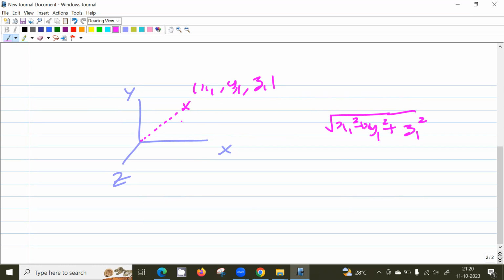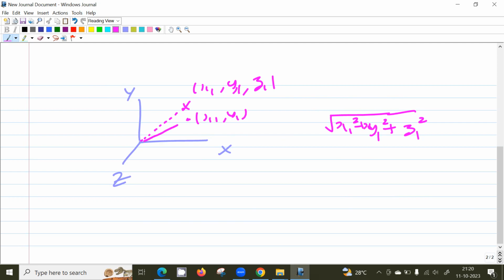Okay, so this thing I can drop onto the XY plane, right? Drop a perpendicular from this point to the XY plane, and it will be somewhere here. The coordinate of this point will be X1, comma Y1.